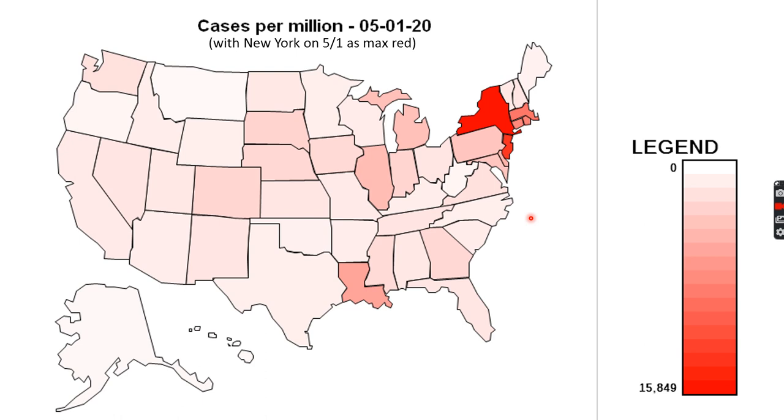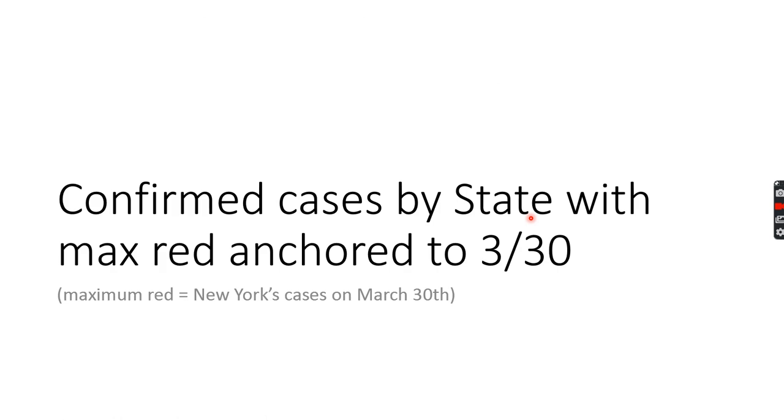Okay, moving on. Because in this time series New York is a moving goalpost, what I decided to do is look at the same map, but anchor the max red to New York on March 30th.